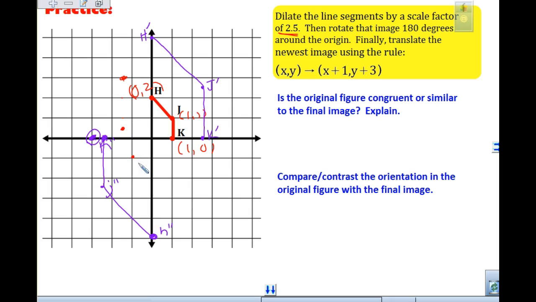So if I was looking at this, did I do that right? 1 to the right, up 3. And then this is too small. Yeah, that's too small. It has to go over 1. Let's go over a whole.